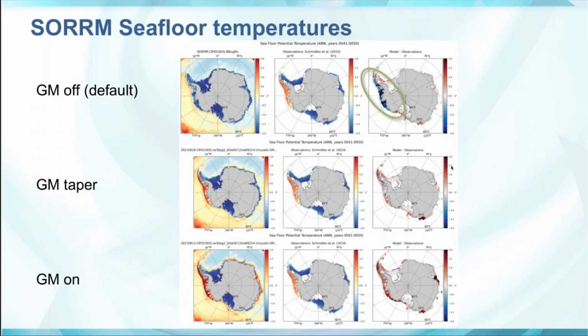And in terms of the seafloor temperature that we were seeing over in the Amundsen and Bellingshausen Sea sectors, we were seeing this strong cold bias in our default configuration. With GM on, this is looking very much like the warm bias that we were seeing in the low resolution configuration, but we're hitting a nice middle ground with this GM taper simulation.